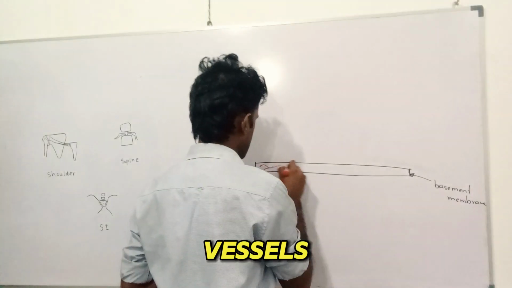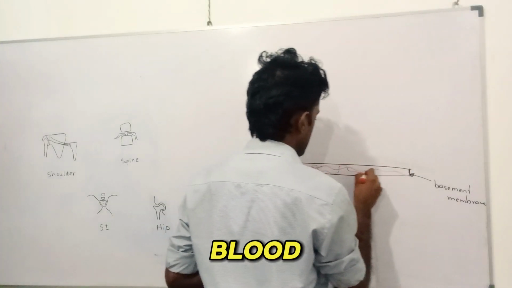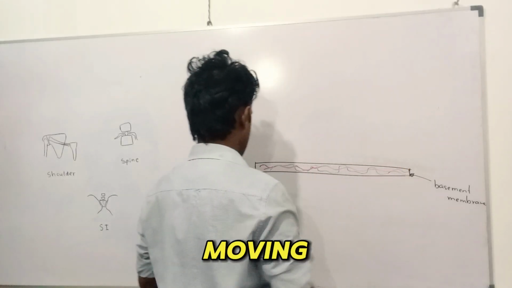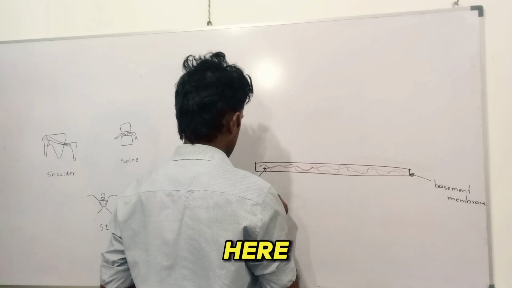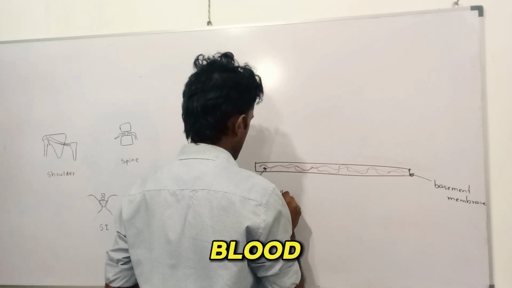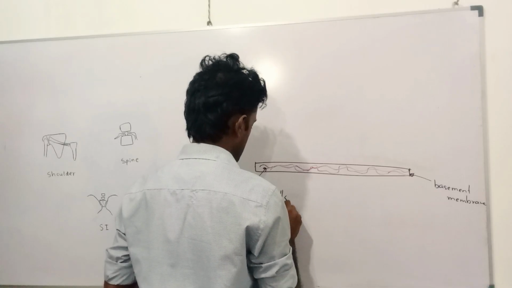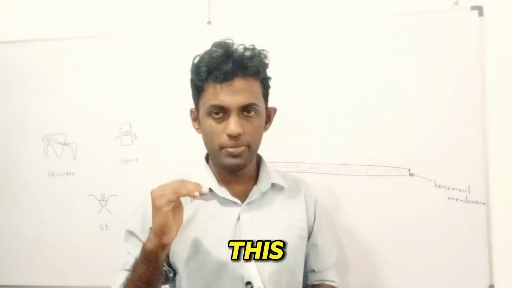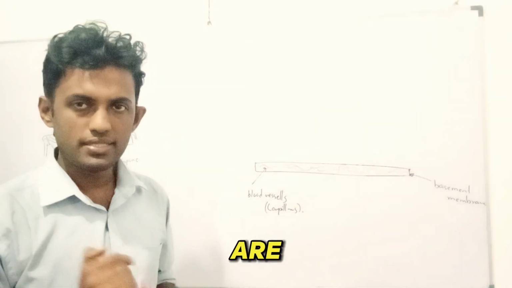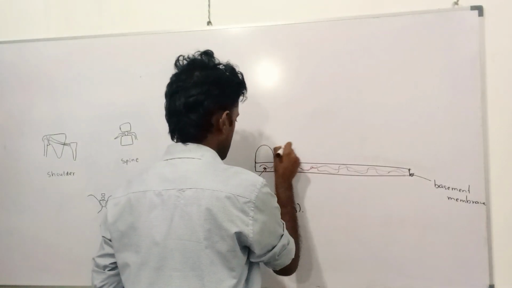There are blood vessels. You can see like this, the blood capillaries are moving. I will write blood vessels here, mainly blood capillaries. And then on this basement membrane there are cells. I will draw like this.